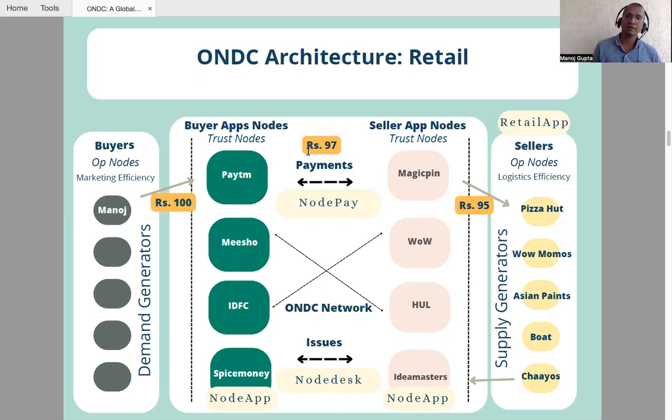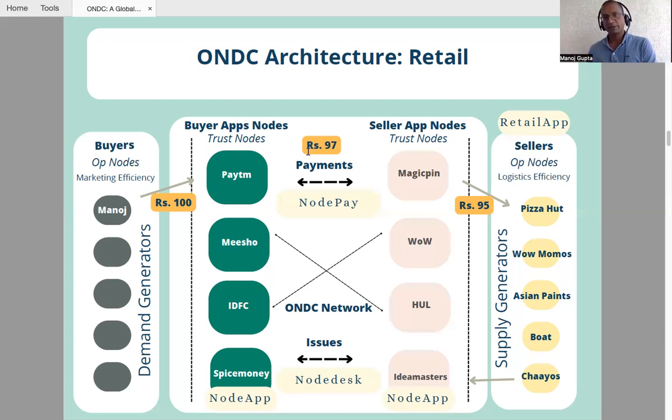And let's say I did not like the pizza. I go to Paytm and say, oh, my pizza was bad, please refund me. Paytm will take that query and give it to Magic Pin: hey, the pizza was bad, please look into it. Magic Pin will give it to Pizza Hut and say that I have received this picture of a bad pizza, please refund. If Pizza Hut decides to refund, they will tell Magic Pin, Magic Pin will tell Paytm, and I'll get my refund of 100 rupees, right?